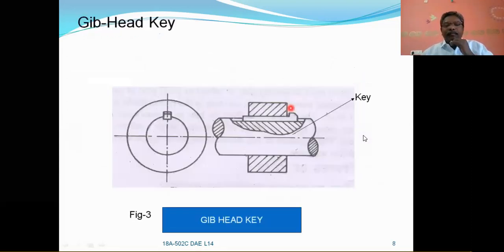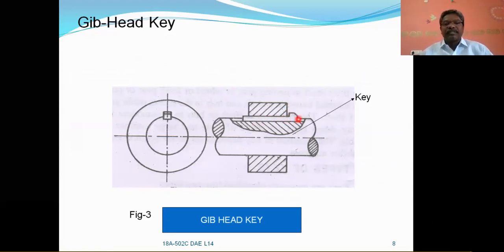And the jib head key is just like a rectangular sunk key, but additionally a head, the jib head, is given. This head is mainly intended to facilitate easy removal of the key from the keyway.